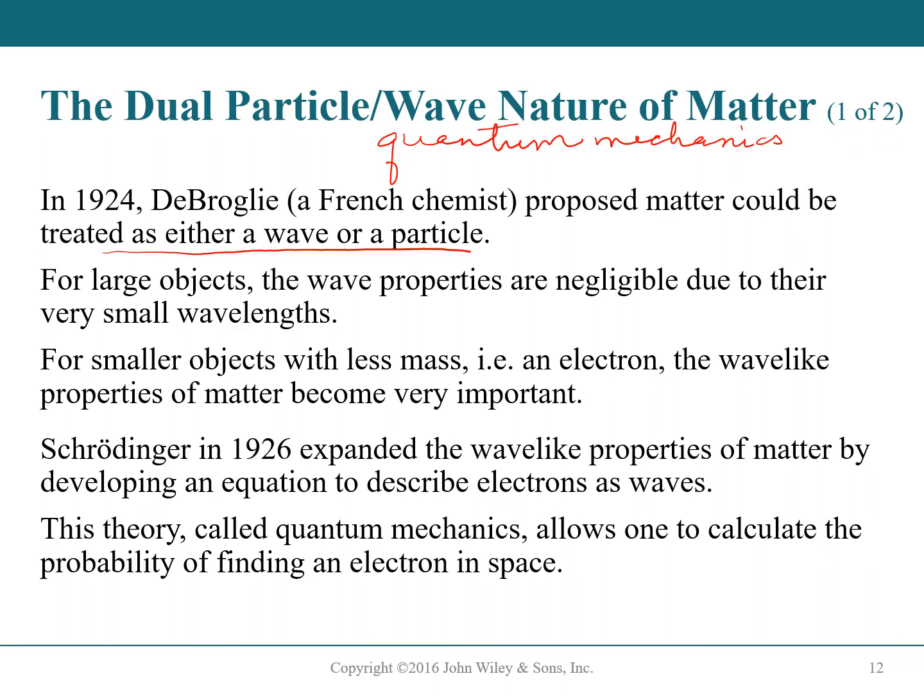When you have really large objects and you determine the wave properties, they are thousands of times smaller than gamma rays, so they're considered negligible. But it turns out when you have something like an electron, it's so small, it doesn't have to travel at the speed of light in order to have wave-like properties.